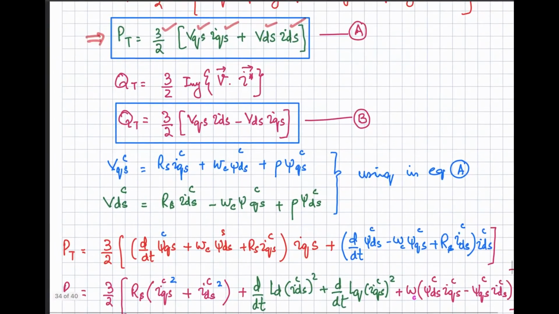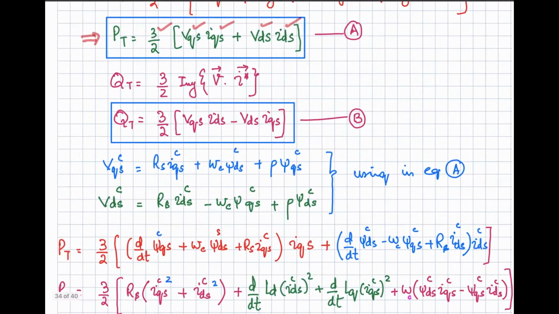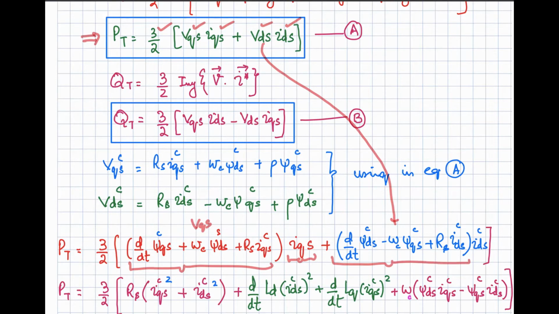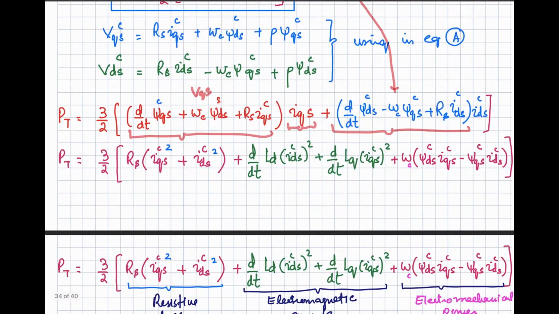So we replace this VQS, this is the expression for VQS, into IQS, and then take this VDS in the arbitrary frame of reference into IDS. Now if we simplify this, you will get this equation: 3 by 2 into RS times IQS square plus IDS square.